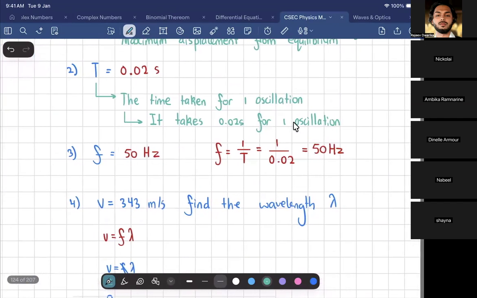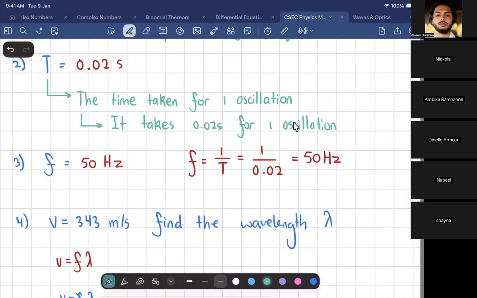Nice. And frequency. What is frequency, Amika? The amount of oscillations in a second. Right.